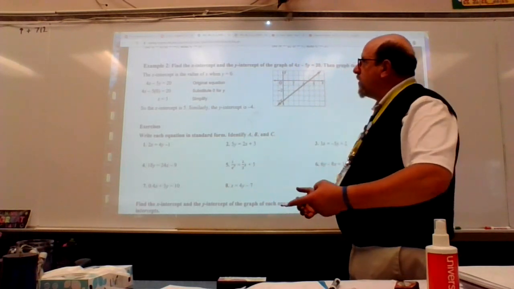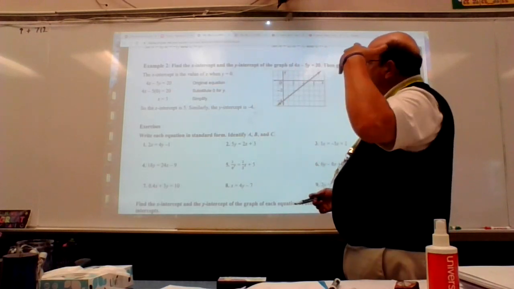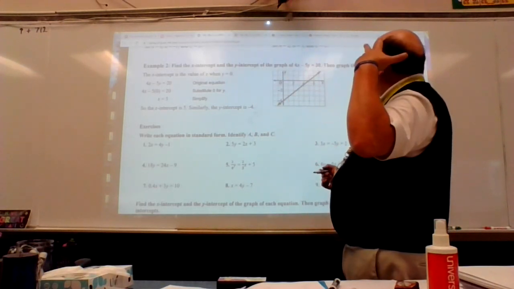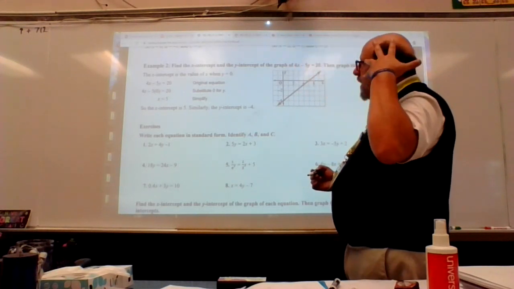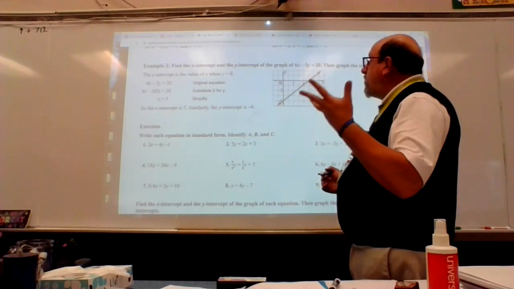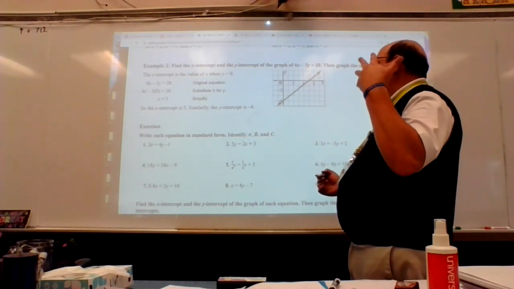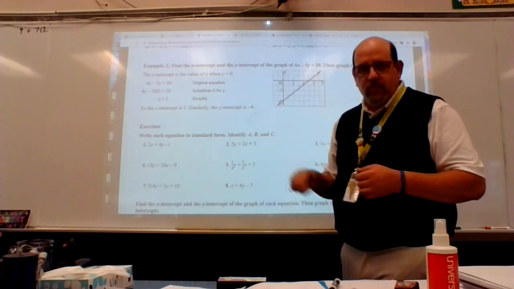First things first, if you put your equation in slope-intercept form, then you're going to be fine. But we don't have it, right? We're not in slope-intercept form right now.